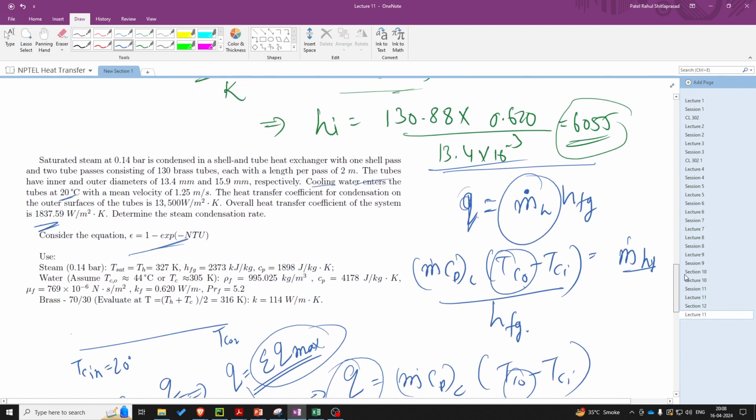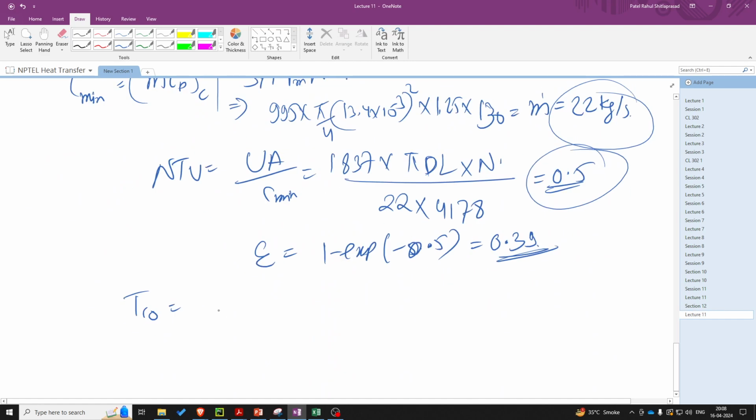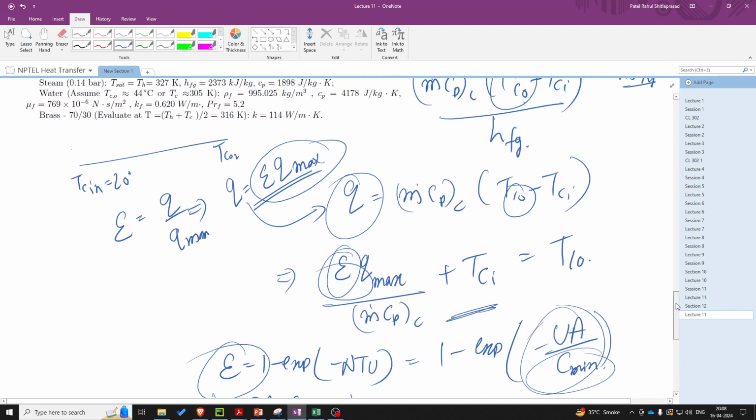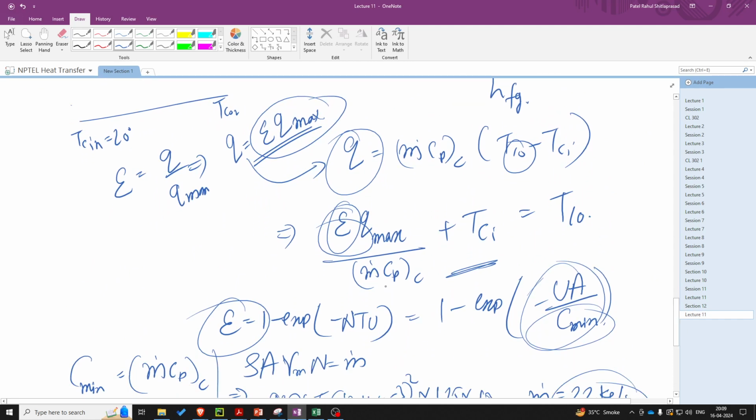Inlet temperature is 20 degrees Celsius, plus epsilon times Q_max. So Q_max we know will be C_minimum times (Th_in minus Th_out), and upon, we were having again this term m_dot Cp_c of the cold fluid.